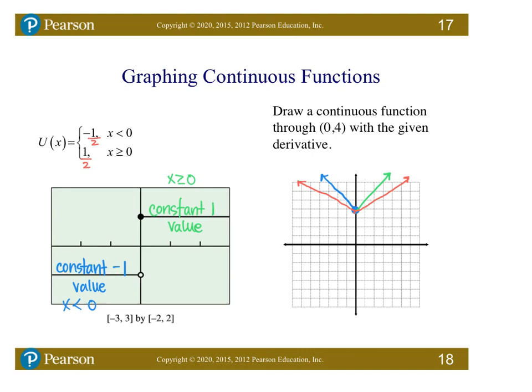Or I could suppose that the left side had a slope value of -1/2 and the right side had a slope of 2, still going through (0, 4). This side having a slope of -1/2 and then the other side having a slope of 2.